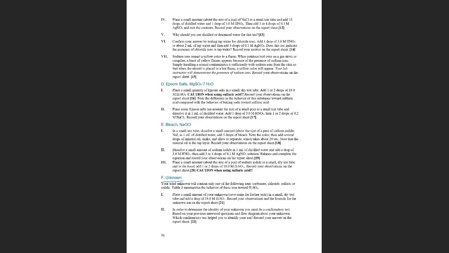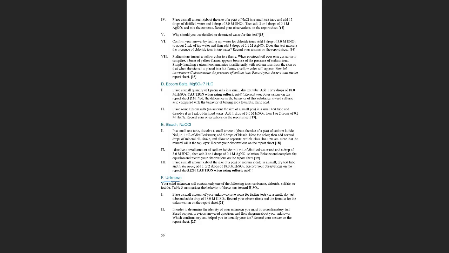It says your solid unknown contains only one of the following ions: carbonate, chloride, sulfate, or iodide. And Table 3 summarizes the behavior of these ions towards sulfuric acid.